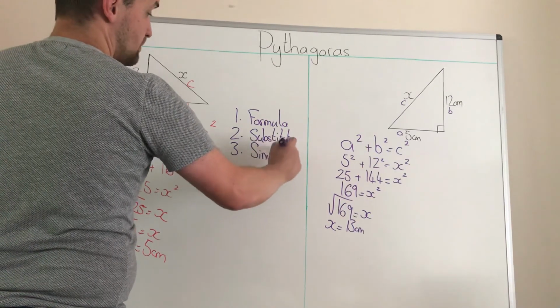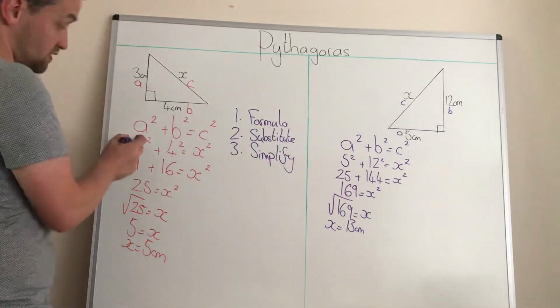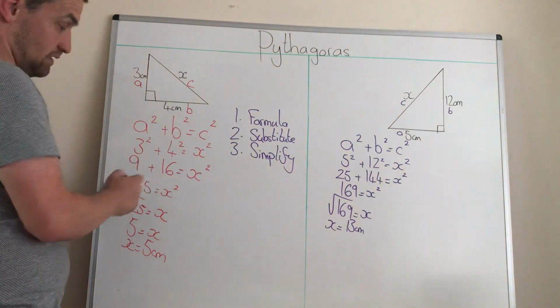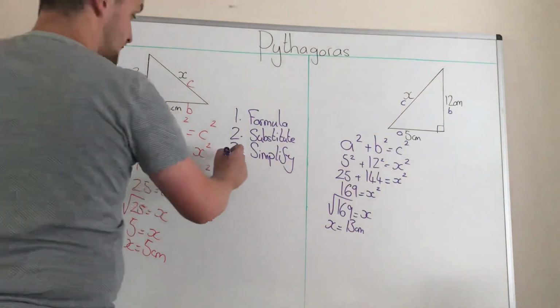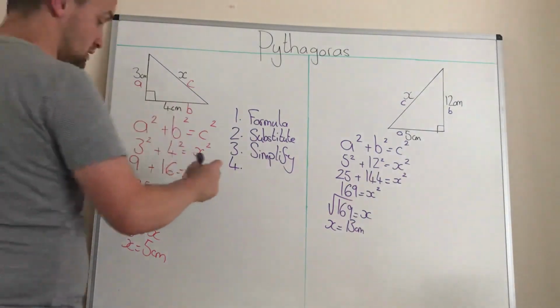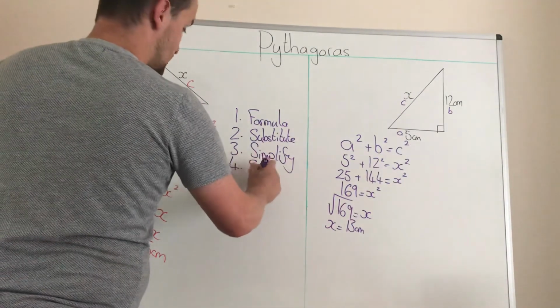Okay, so when I'm saying simplify, what I mean is, first of all, do your squares. Second thing, add them together. Okay, and step 4, now this is when you're working out the longer side, okay, the hypotenuse, you need to square root.